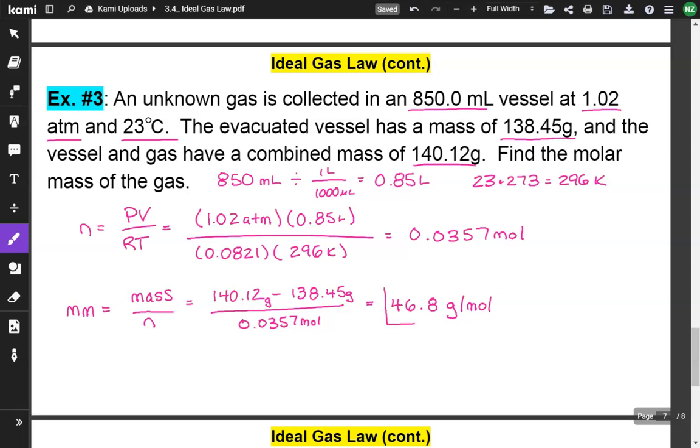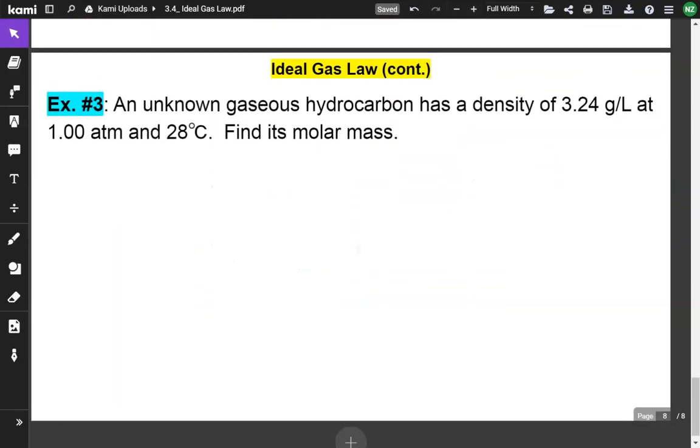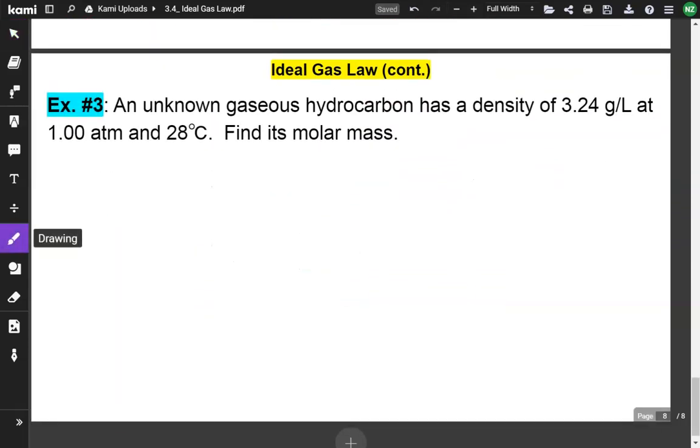All right. One more. All right, it says an unknown gaseous hydrocarbon has a density of 3.24 grams per liter at 1 atmosphere and 28 degrees Celsius. Find its molar mass. Okay, so again, we need to find n first.